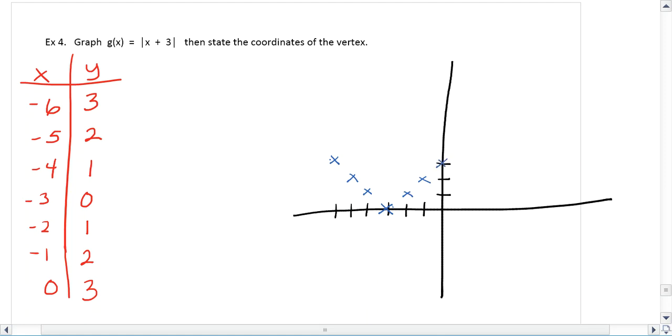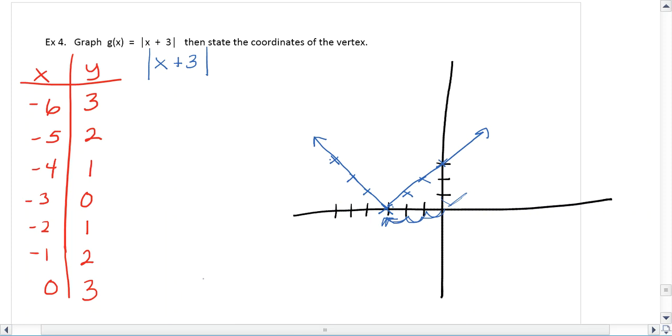So this translation took the V that had originally been here at 0, 0, and moved it over to the left 3 units. Now, doesn't that seem odd that here inside the absolute value we have x plus 3, but the translation moved the graph in the negative direction? So that's kind of interesting.